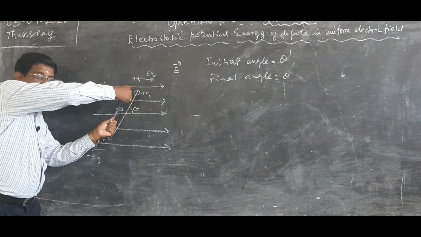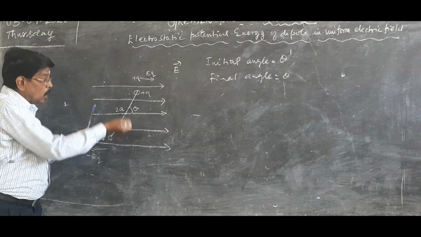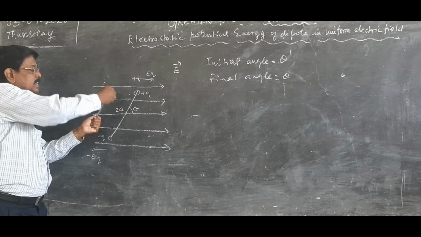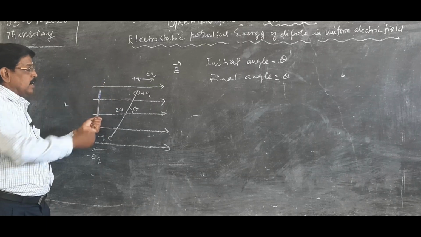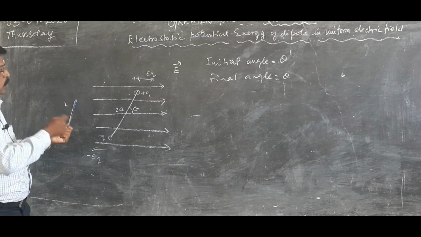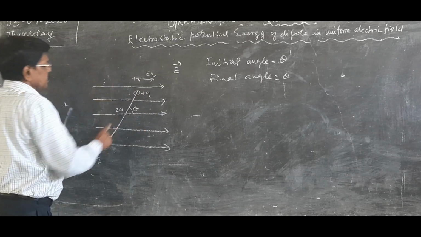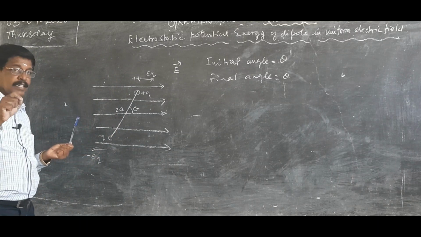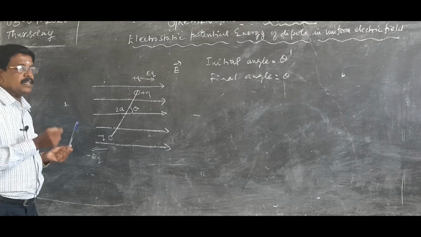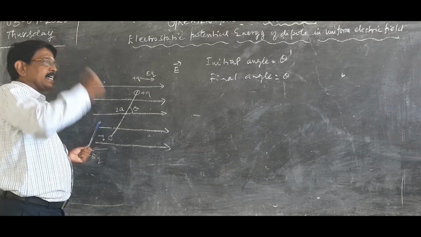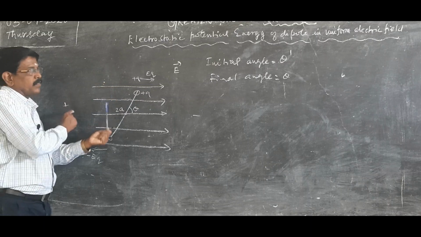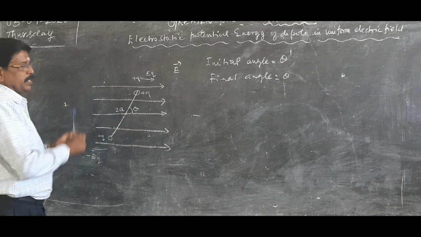Say a torque is applied in the opposite direction to the electric field. So another torque will be acting. There is a work done. What is the work done? Work done is nothing but the work done against the force. Here the torque is against the electric field. Definitely there should be a work done.